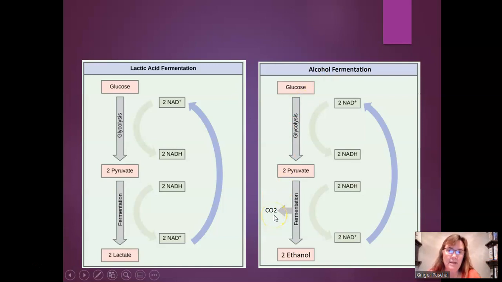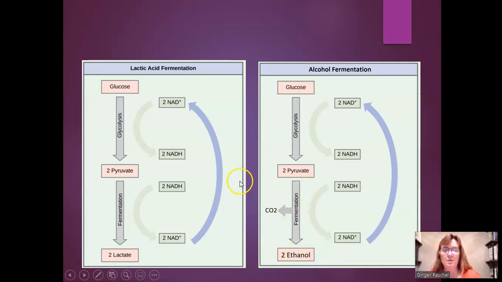The reason why some wines are not bubbly is because in the process of fermentation, they allow the bubbles to escape when they're creating wine at the wineries. So same thing happens here. We need to free up that NAD+ again. So NADH is going to give its electrons and its hydrogens back to the pyruvate, and that pyruvate is going to become ethanol.